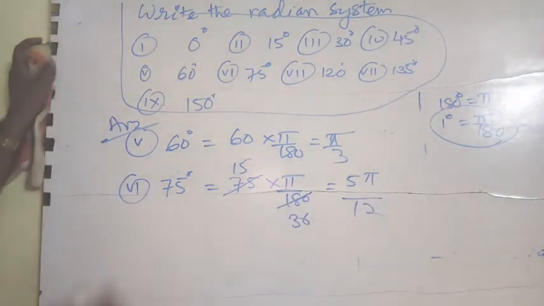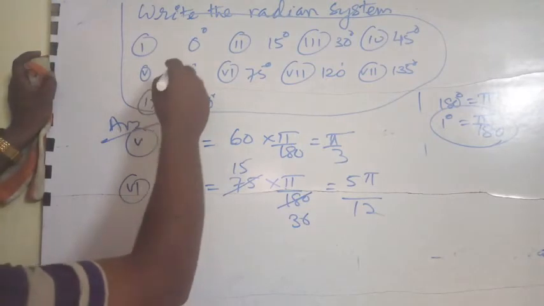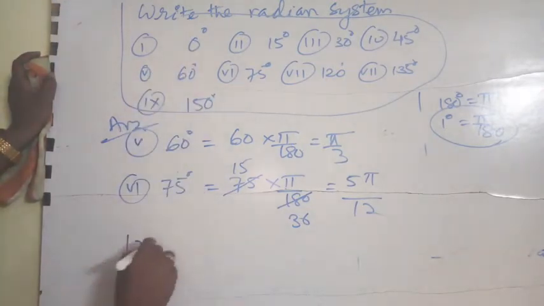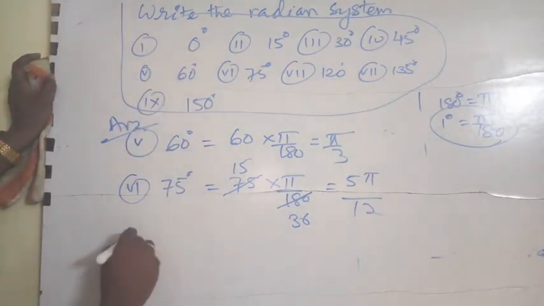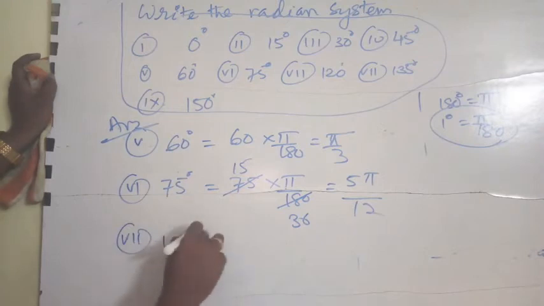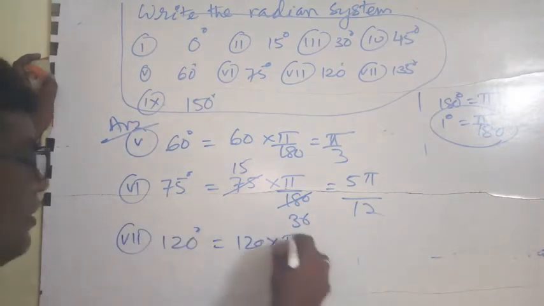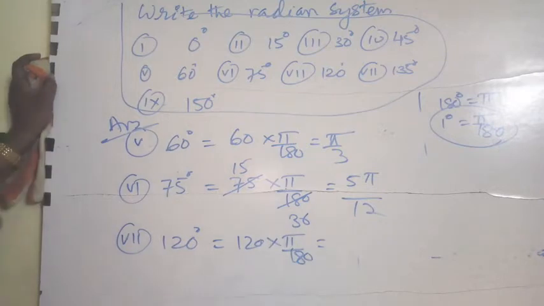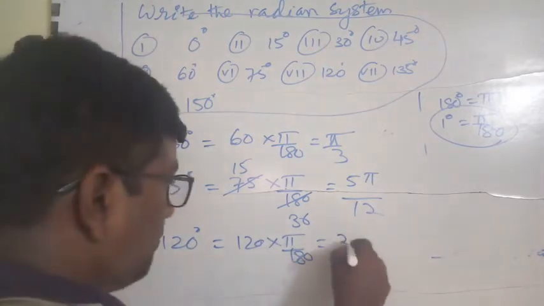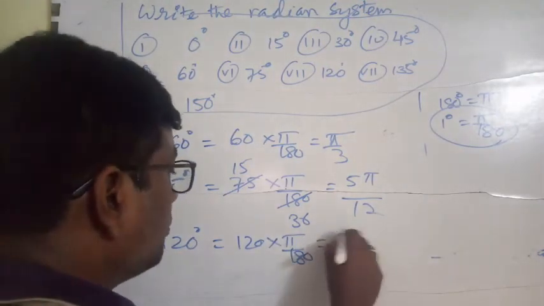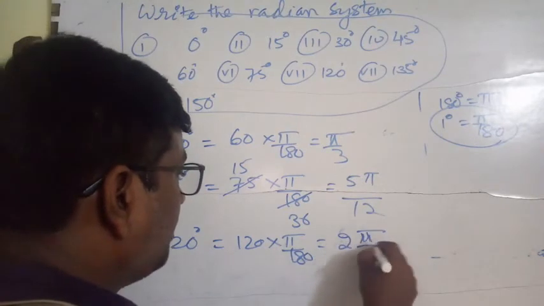Similarly, 75 is complete. Then seventh number, 120 degree. 120 into pi by 180, that is equal to 2 pi by 3 radian.